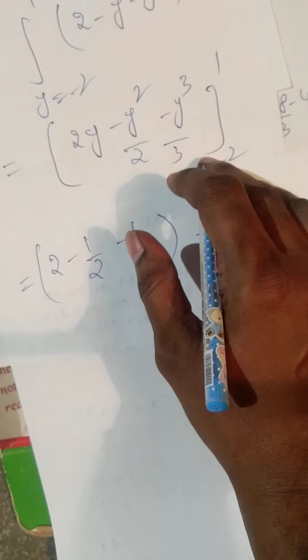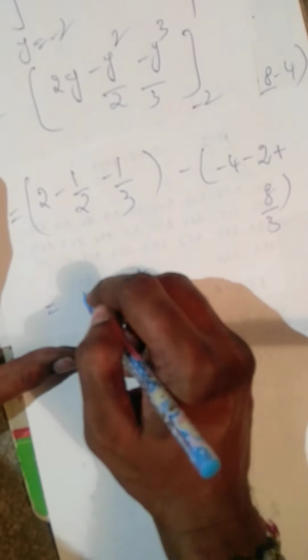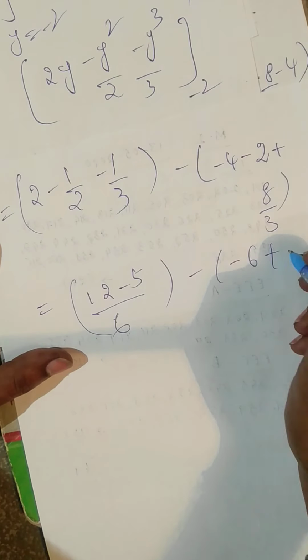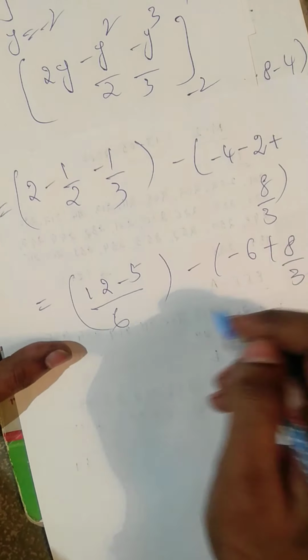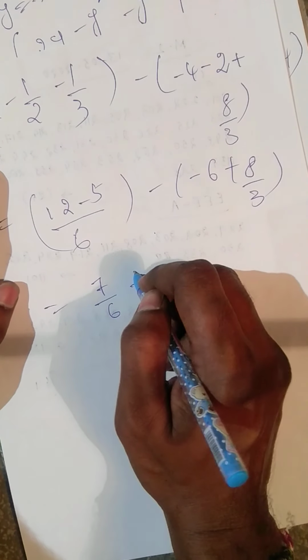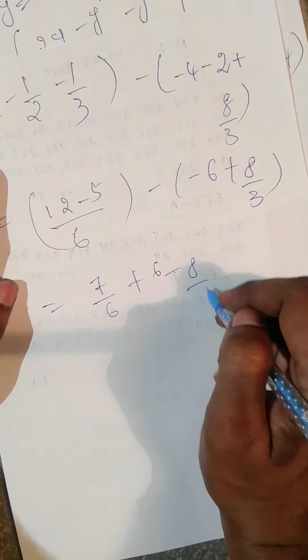Now if you simplify this, LCM is what? 6. You'll get 12 minus 2 minus 3 is minus 5, minus 5 by 6 minus, you'll get minus 6 plus 8 by 3. If we simplify this, you'll get 7 by 6 plus 6 minus 8 by 3.